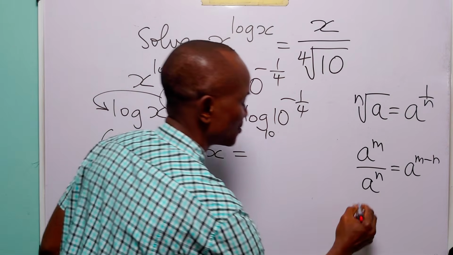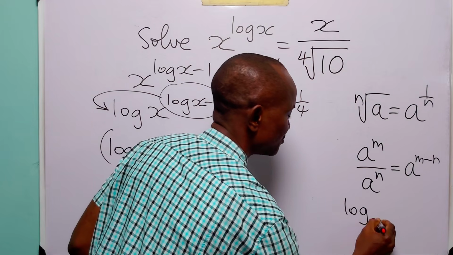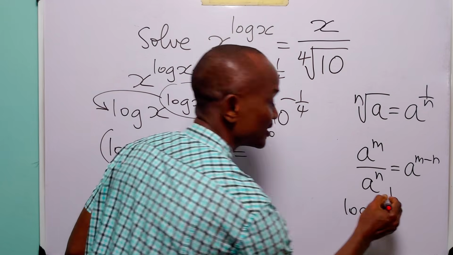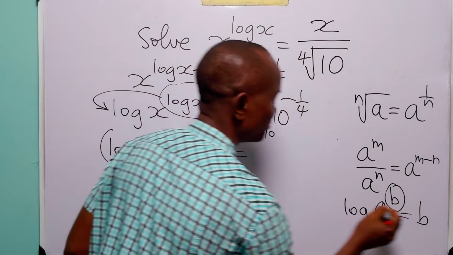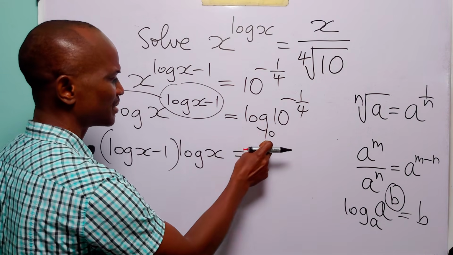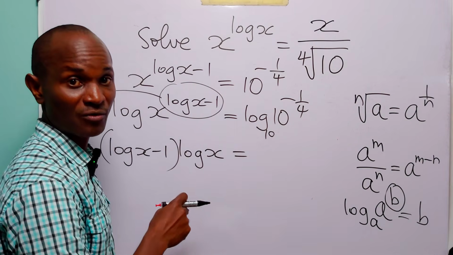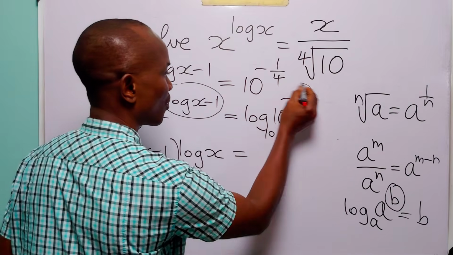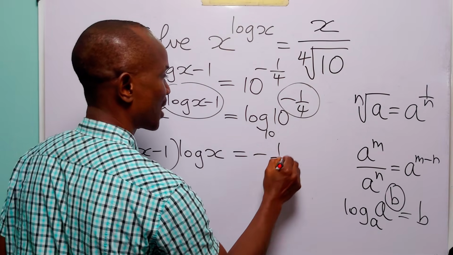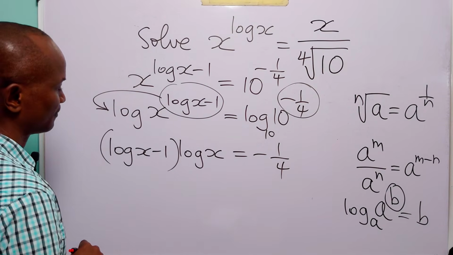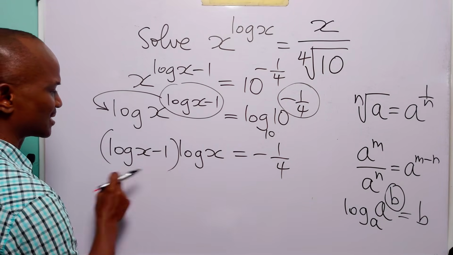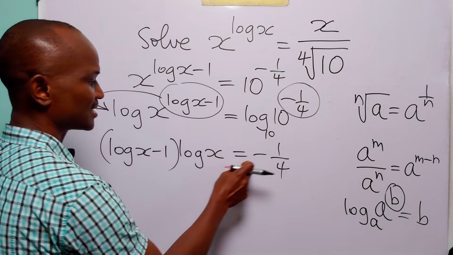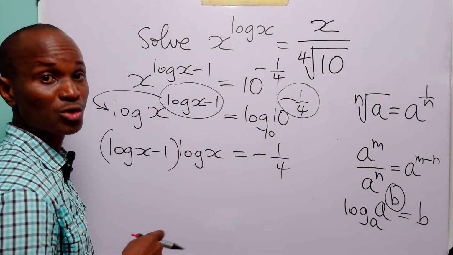And remember also that log to base a of a to the power b is equal to b. So log to base 10 of 10 to the power minus 1 over 4 is simply equal to minus 1 over 4. Now here we have log x minus 1 multiplied by log x, and this is equal to minus 1 over 4.